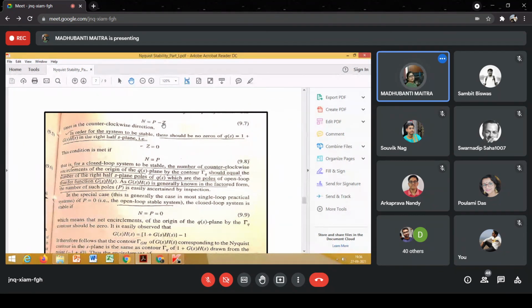I repeat, Z number of zeros of Q(S) and P number of poles of Q(S) are now enclosed by the S-plane contour, right?